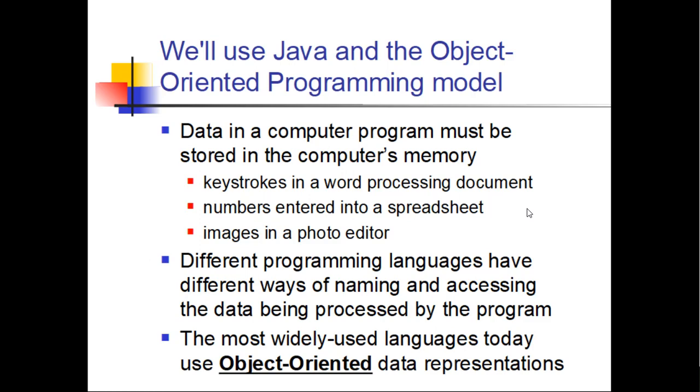The keystrokes that you would enter into a word processing document, the numbers that you type into a spreadsheet cell, perhaps the images used in a photo editor, the pixel values, all of that has to be stored somehow in memory, and then organized in a way that we can access it. So the most widely used languages today use an organizational principle which is called object-oriented data representation.